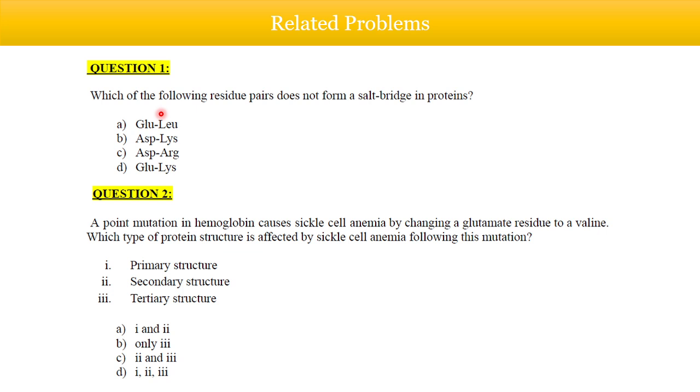Is it the primary, secondary, or tertiary? Or maybe all of the three? So how many people are there? Everyone try to answer. There are not many people, but yes.